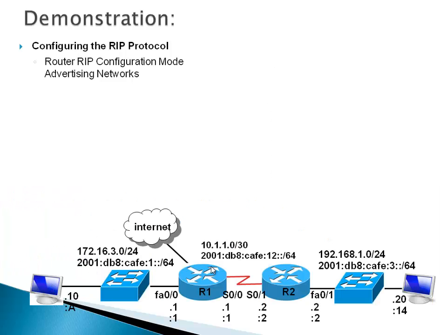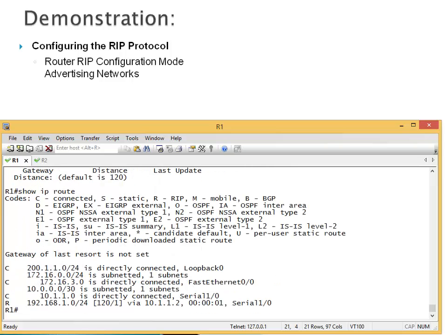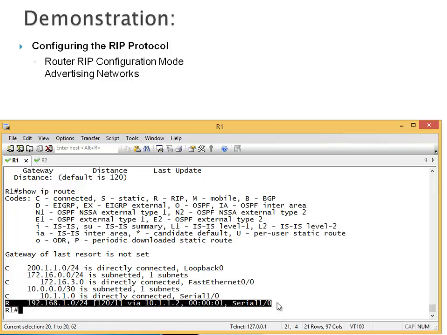So this PC should be able to communicate with this PC and vice versa. Right, so first thing we need to do is check that R1 knows about those routes. So show ip route. We can see that R1 knows how to get to router 2's LAN as well.